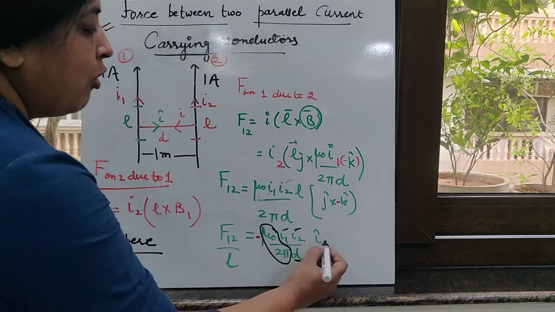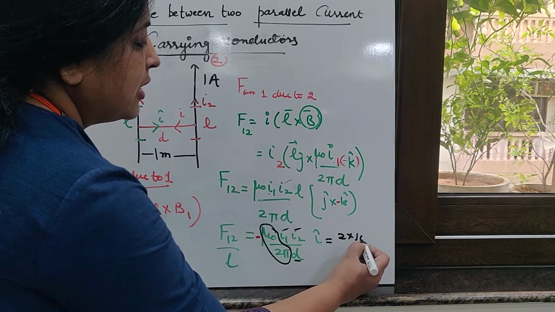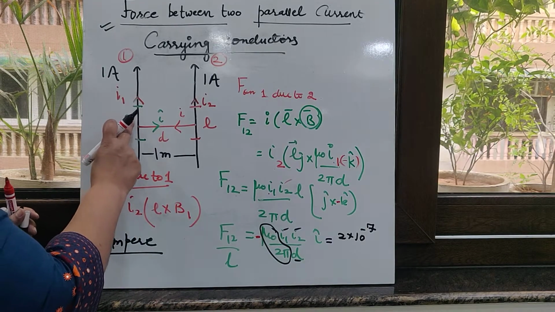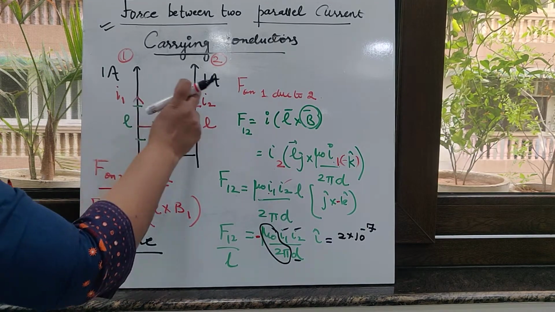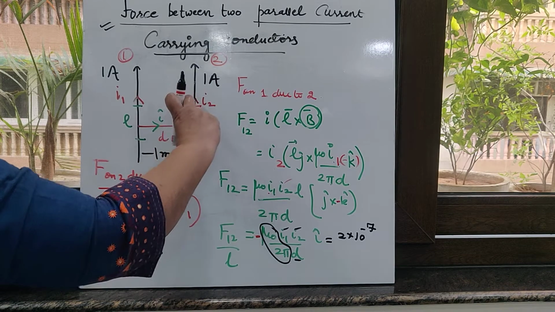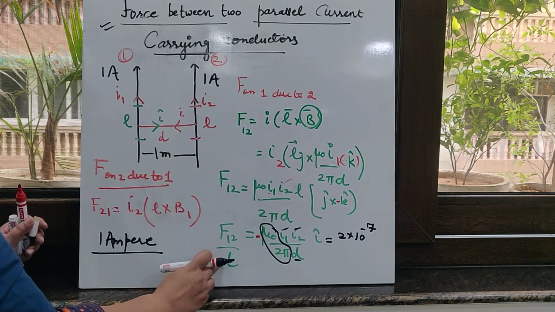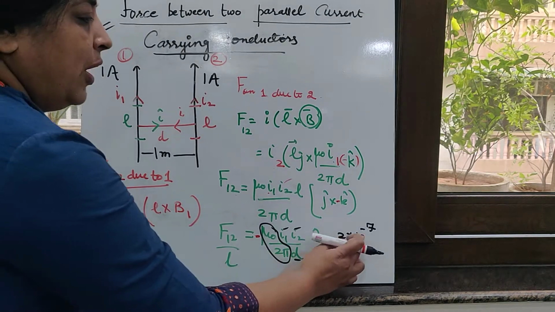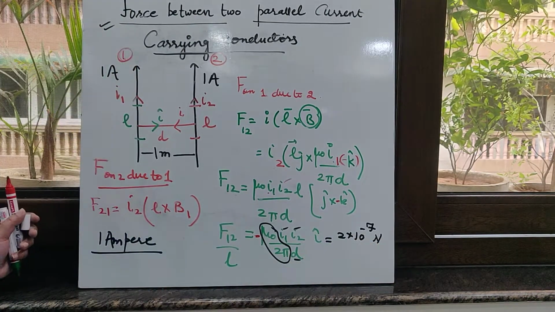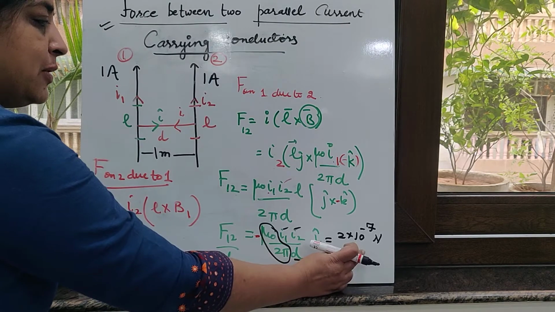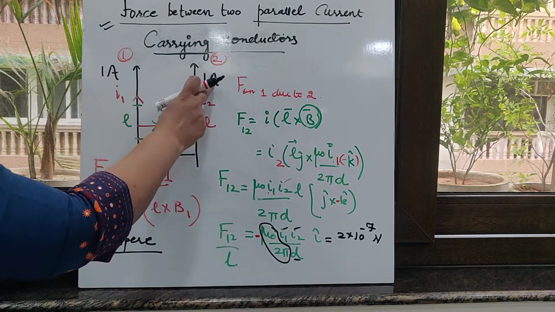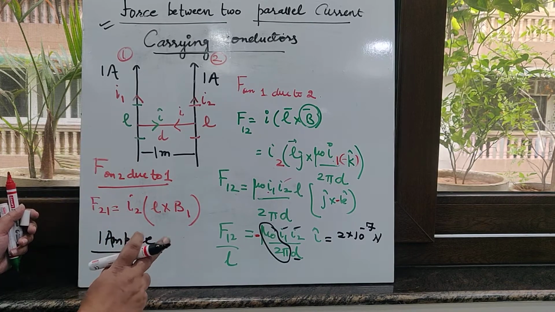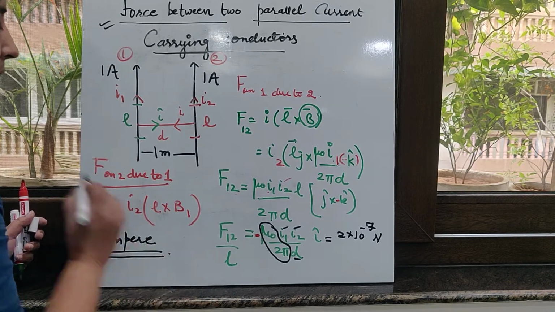And the value of mu naught by 2 pi is 2 into 10 to the power minus 7. So the force exerted by 1 on 2 on a unit length will be 2 into 10 to the power minus 7 Newton. When is this much force exerted? When both the conductors carry a current of 1 ampere each. So this is how we define 1 ampere.